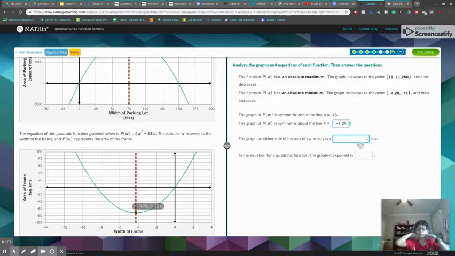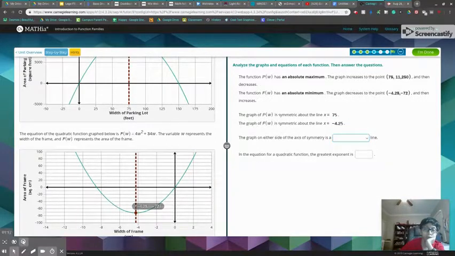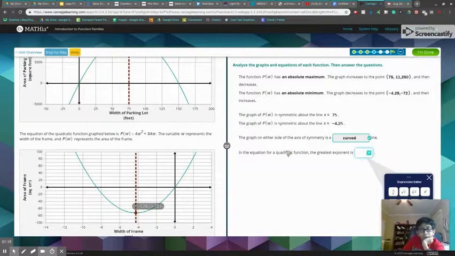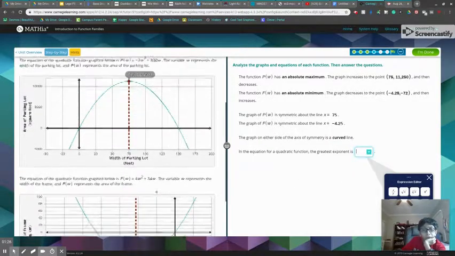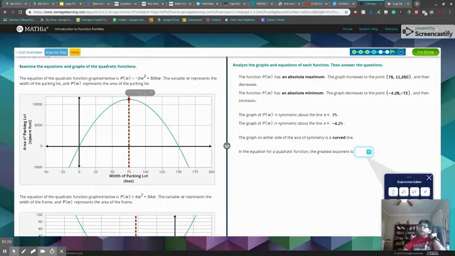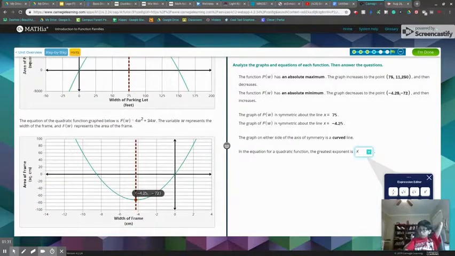Okay, the graph on either side of the axis of symmetry is a what line? Curve, because both of these lines are curved. And the equation for a quadratic function, the greatest exponent is x? Question mark?